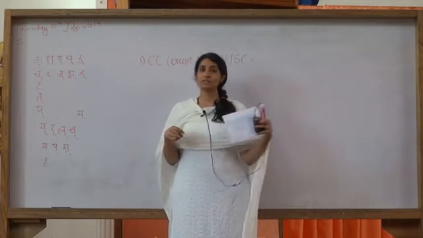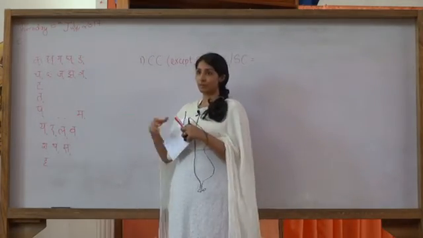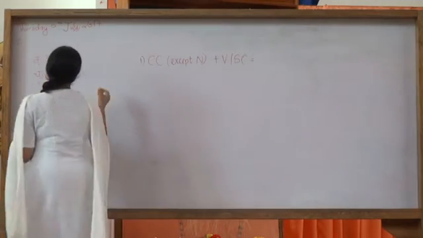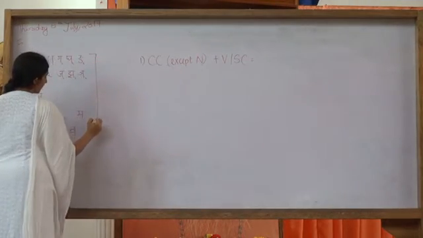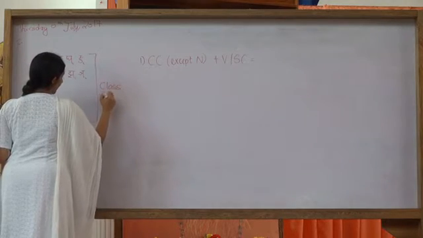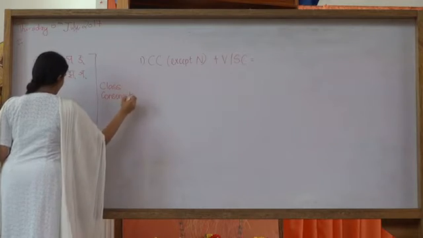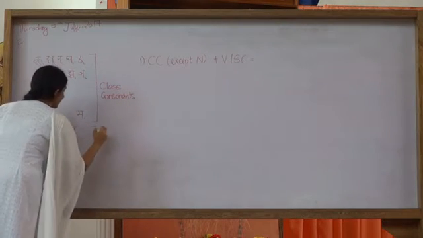So there's two ways of breaking up this table, right? We could break it up like this and say these 5 are the class consonants, and this is the semi-vowels.